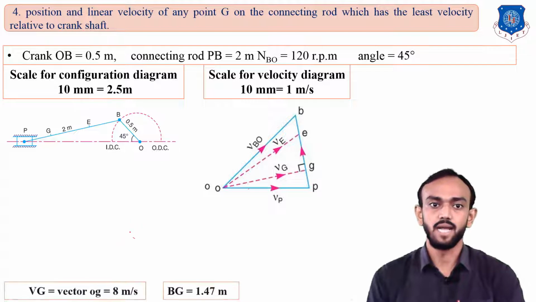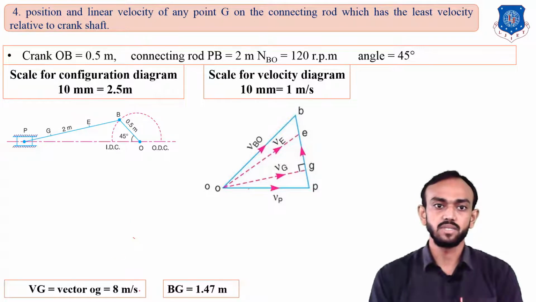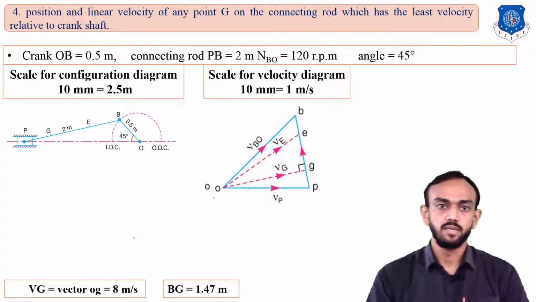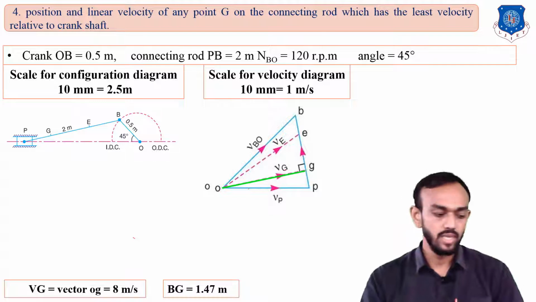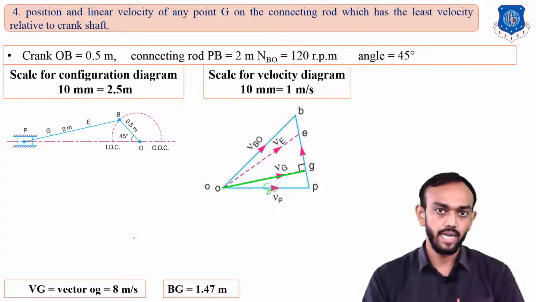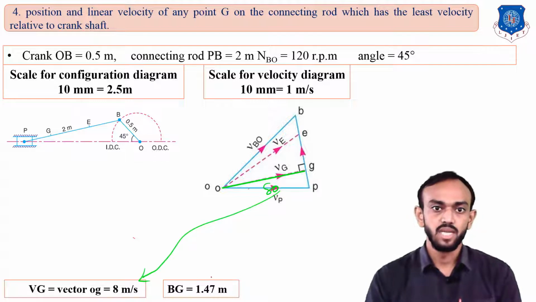So you will get the answer here like 8 meter per second for OG. If you measure this distance from O to this G, you will get around 80 mm, and you will convert that into 8 meter per second, and BG is 1.47.